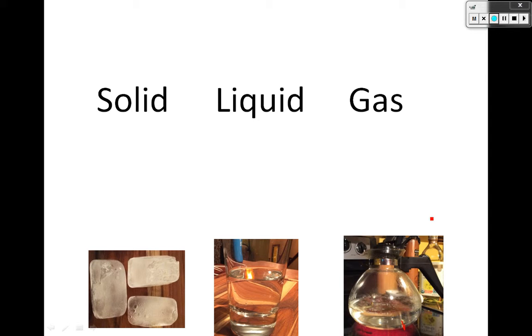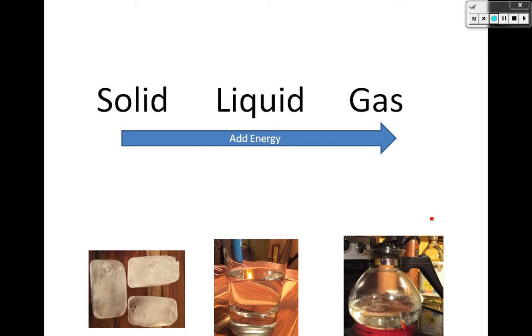When we move from solid to liquid to gas, we are adding energy. The stove is on to get this to go from liquid to gaseous water. And by the way, that means that inside the bubbles, that's not air, that's actually water vapor, because it's the water that's now becoming gas.